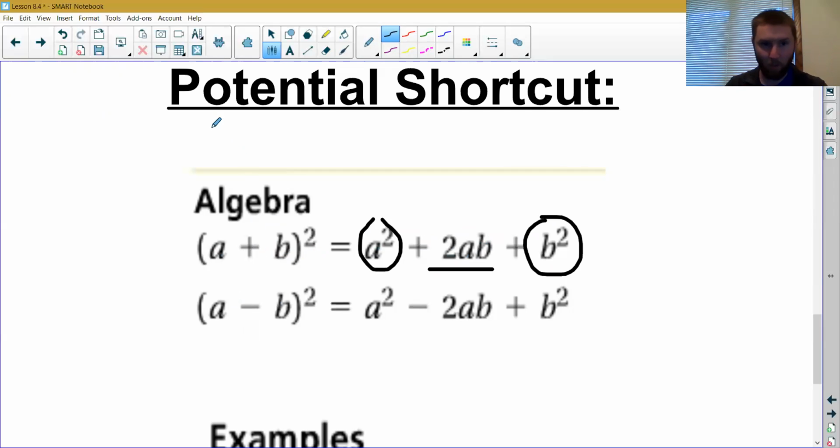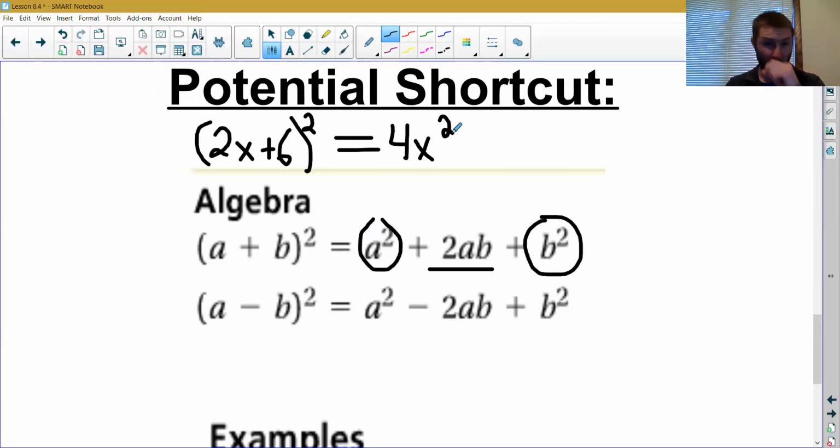Okay, so just as a quick example for you, if I have 2x plus 6 squared. Okay, that's going to be equal to my first piece squared, 2x squared, which is 4x squared, because 2 squared is 4 and x squared is x squared.